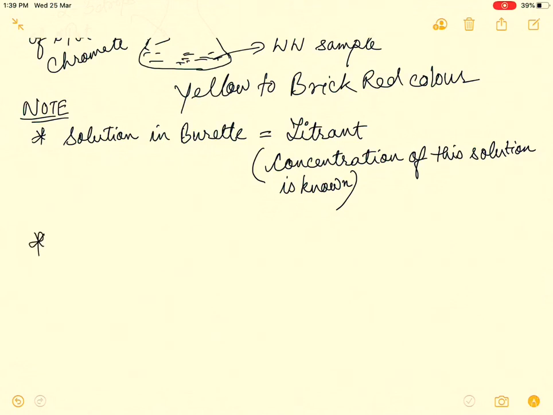So the titrant we take in the burette, and in the conical flask, the solution that we take, whose concentration we want to find, is called the analyte or titrand.